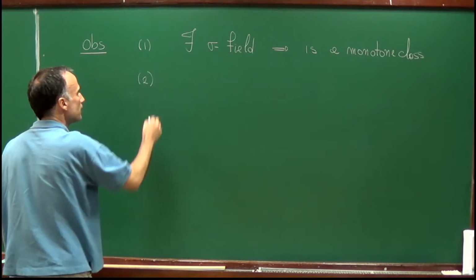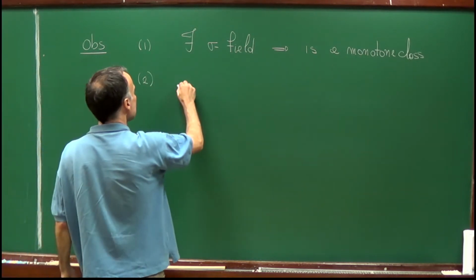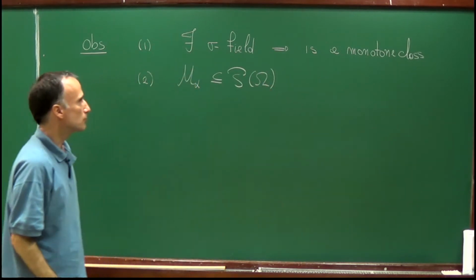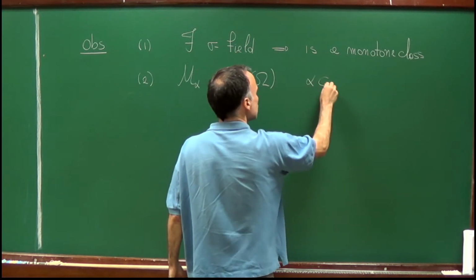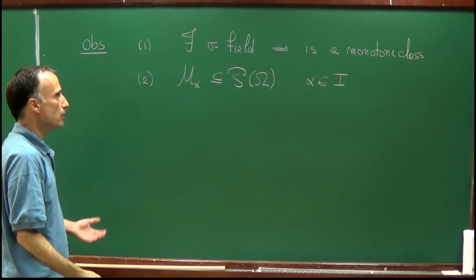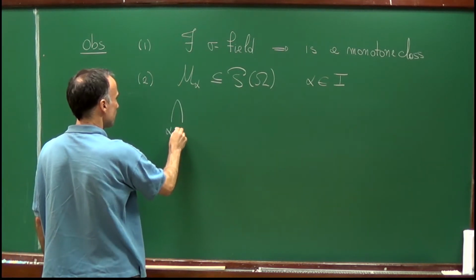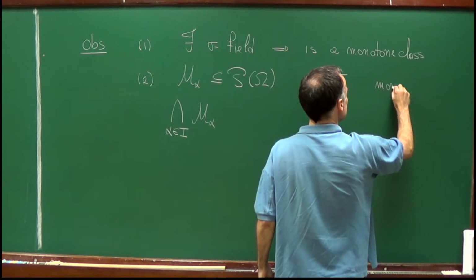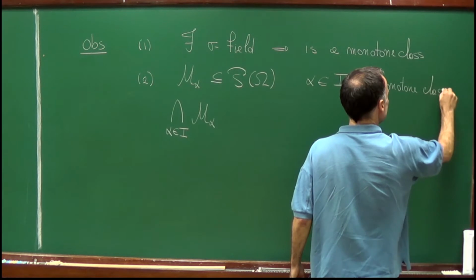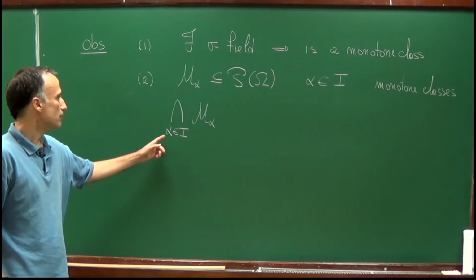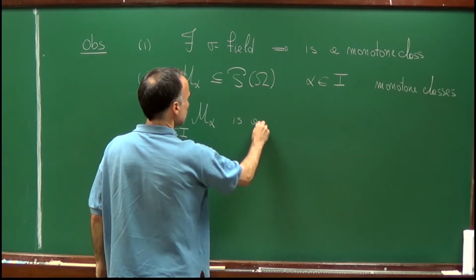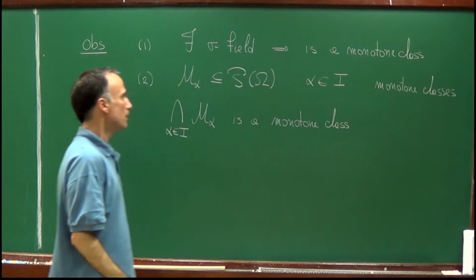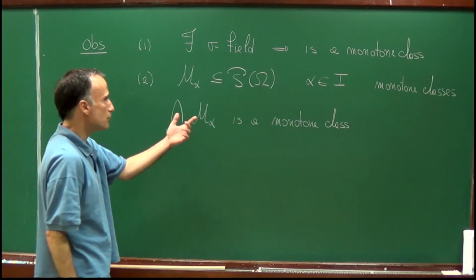And a second observation, which is also very simple, is that if I have a family M alpha of subsets of some set omega, alpha belonging to some index set I, not specified, and if the M alpha are all monotone classes, then the intersection of M alpha for alpha in I is also a monotone class. And this is very easy to prove.